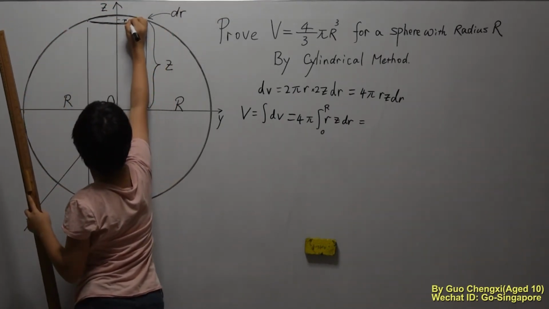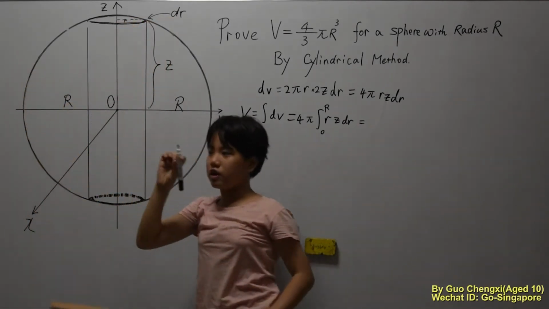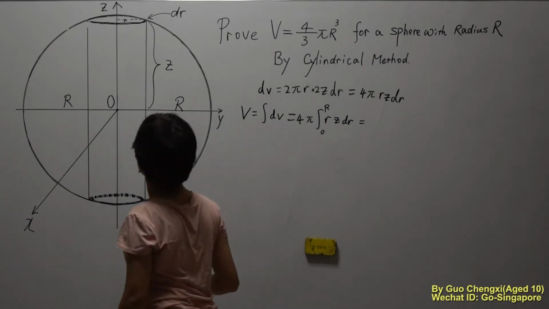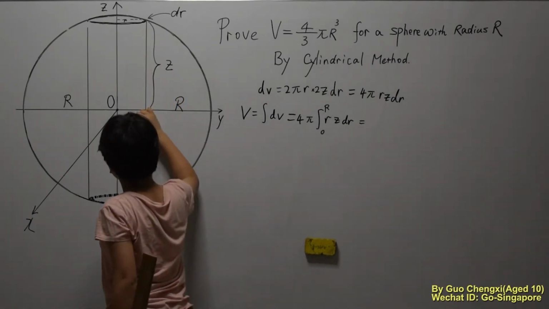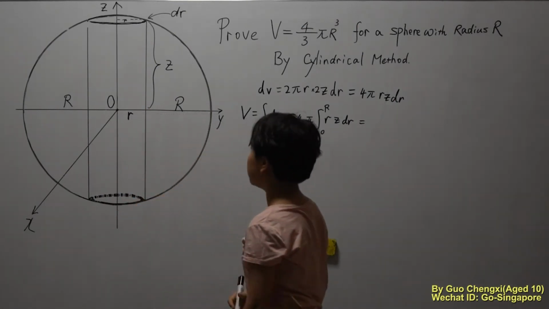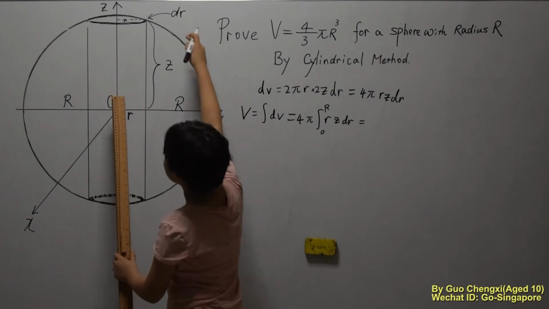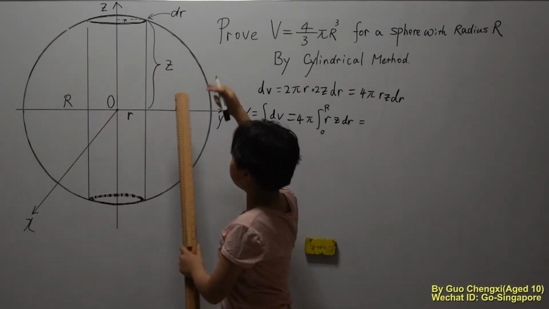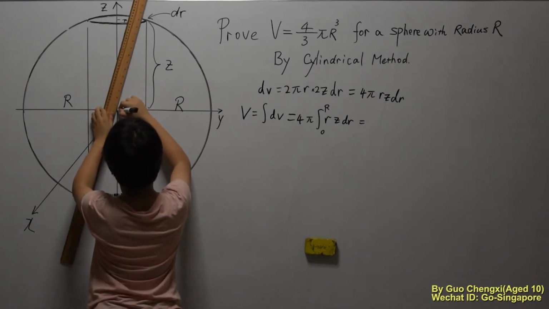This part is r. And what is dr? dr is the thickness over here, so it's very, very small, okay? Then after that, over here, if I realize this is r, then wait, what's so special about it? Radius, it can go all like this direction, right? Because this is a sphere, so there's no specific one.